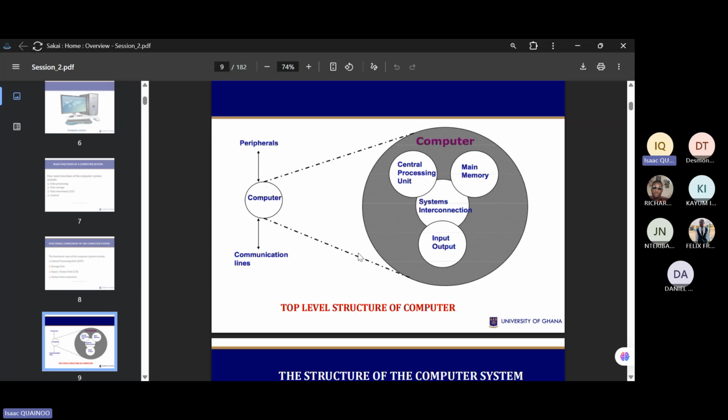All this coordinates hand in hand to make the computer a complete system. That is why we call it the computer system. A system is basically different units that coordinate to perform a particular function.